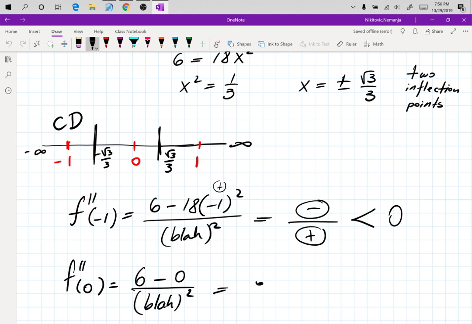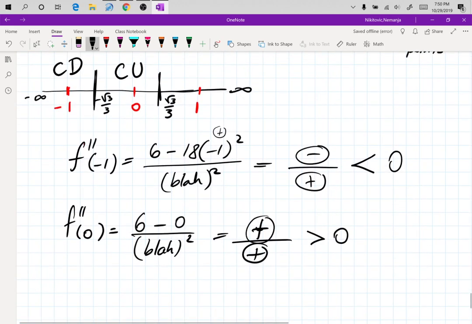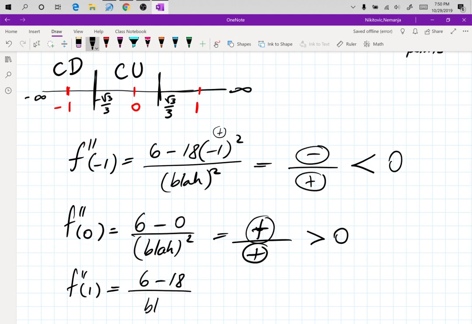It will always be positive. So that's going to be larger than 0, and I have concave up. Finally, I have 1. The second derivative at 1 is 6 minus 18 times 1, divided by something squared. Again, I don't care. That's a negative divided by a positive, also less than 0, concave down.